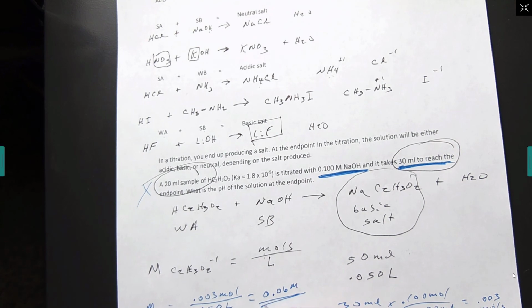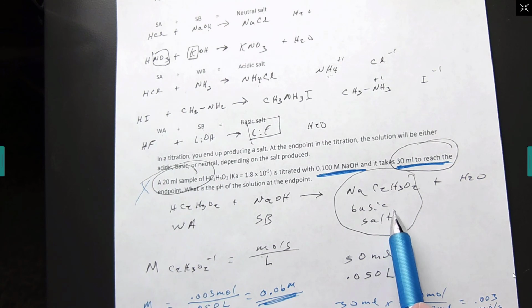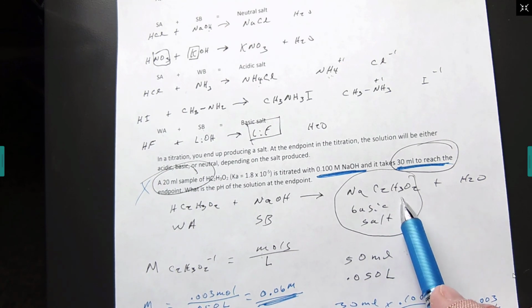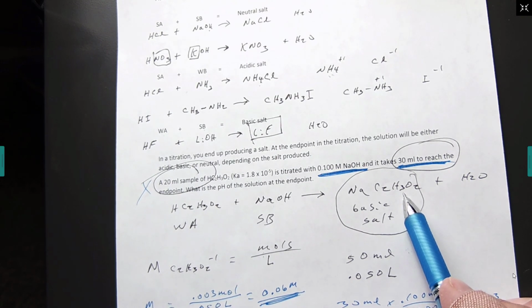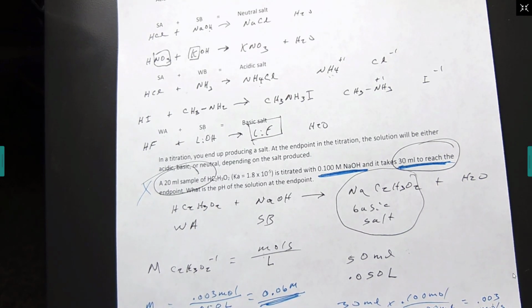So what that's telling us is, when this titration is all said and done, what do I have? I've got a solution of 0.06 molar sodium acetate. And this stuff is a base. I've got a weak base solution. So if it's saying, what's the pH? It's a weak base solution. I got to find the pH of that.